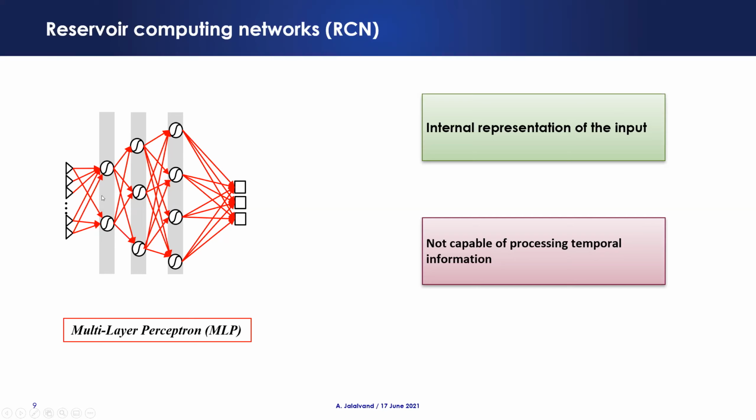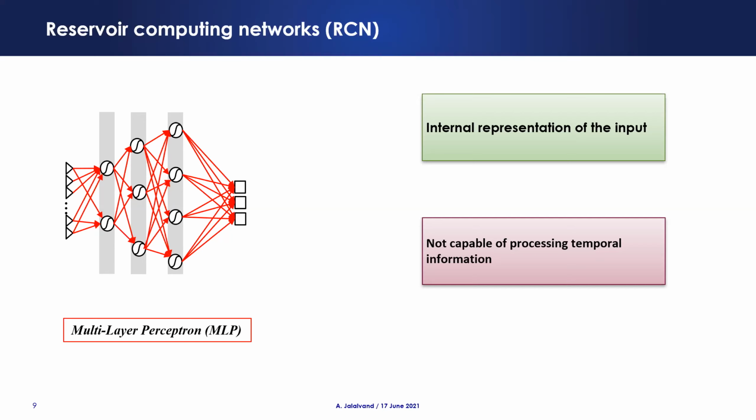These hidden layers are structured in separate layers, and the input of each layer is the output of the previous layer. So each layer tries to give a richer representation of the input and pass it to the next layer, and so on, with the hope that the last hidden layer provides rich enough features which make the classification or the task much easier. So we have this internal representation of the input.